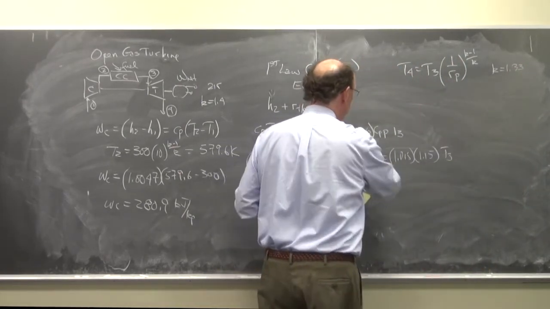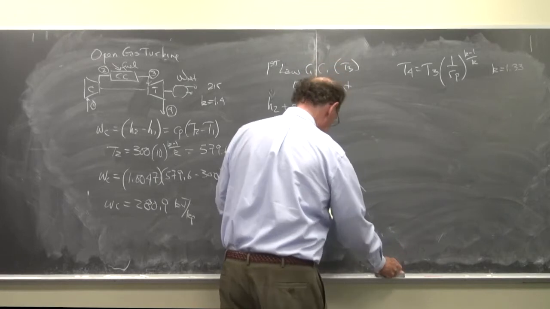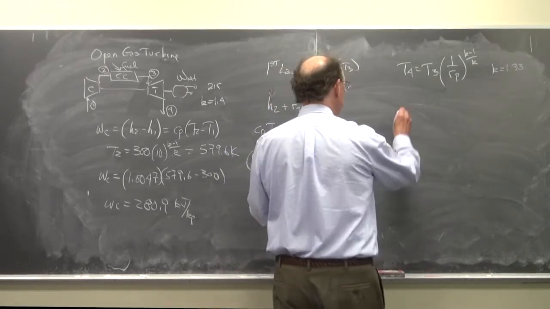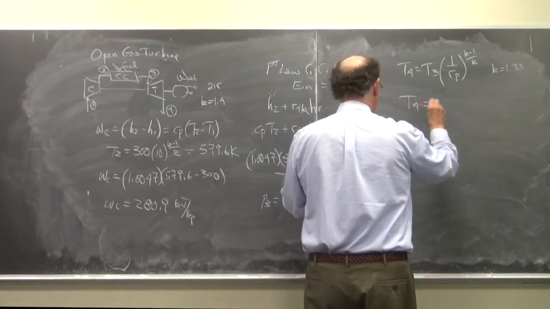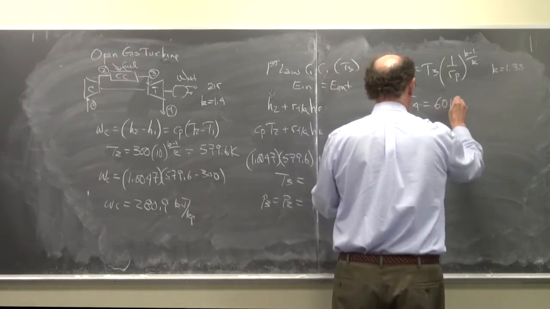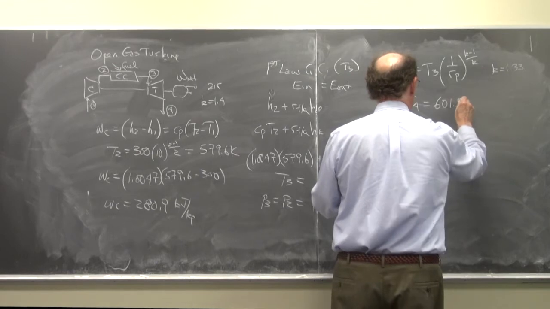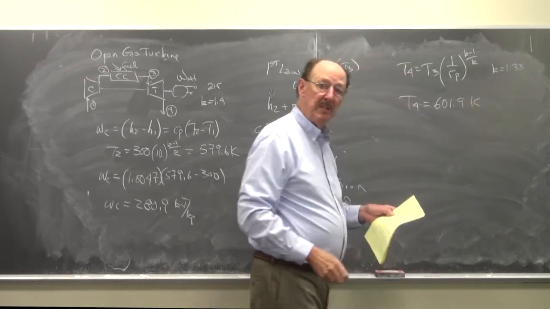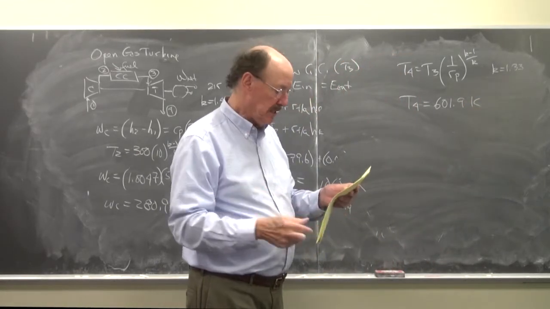So I'm using those values for K. I'll come up with that T4 is equal to 601.9 degrees K. So you can substitute in and do the numbers.